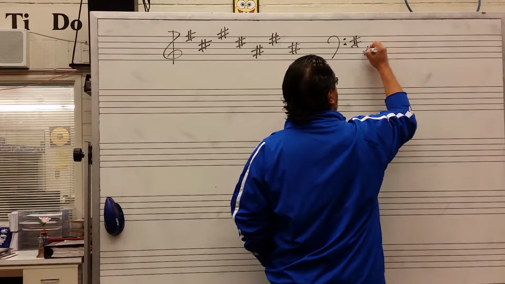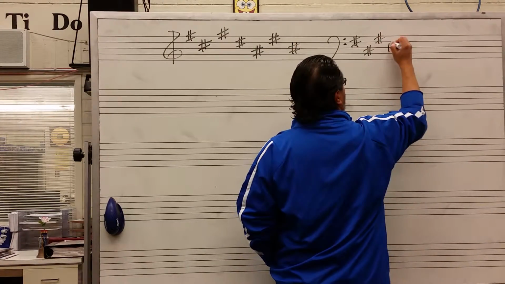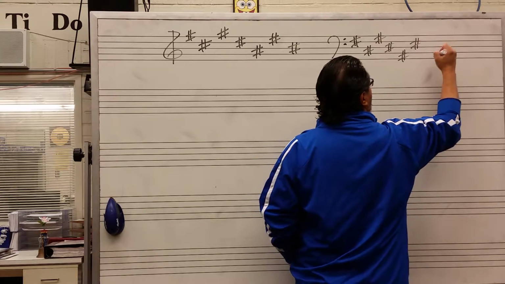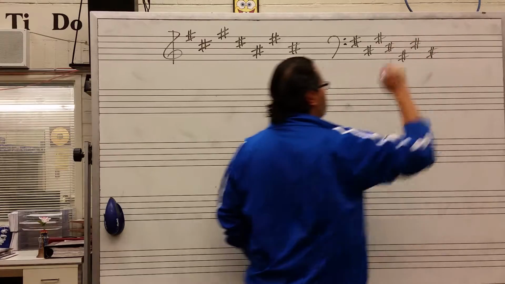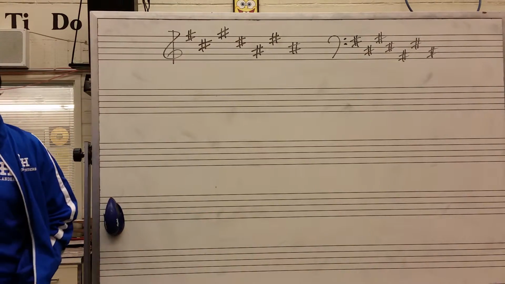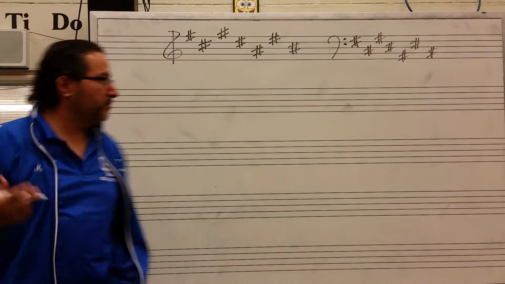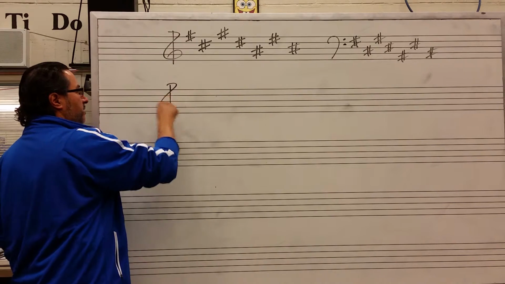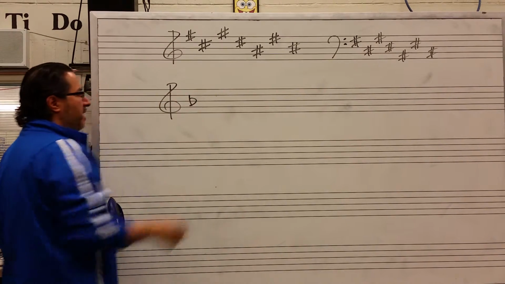And I follow the exact same pattern. There it is. So the order of sharps and flats looks the same in treble and bass clef, it's just that they start in a different place.